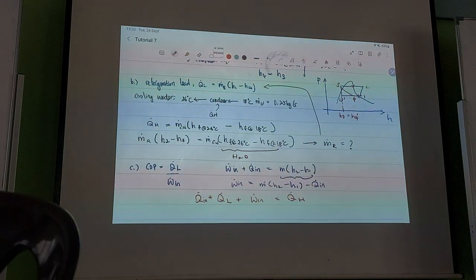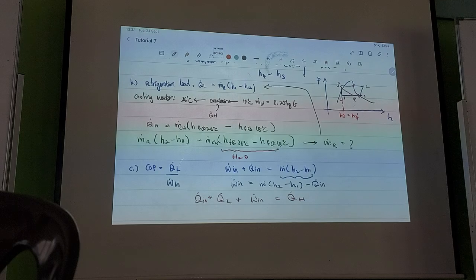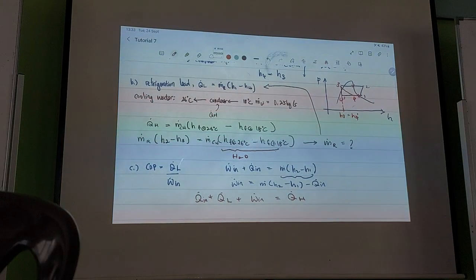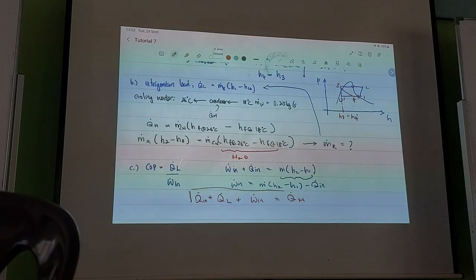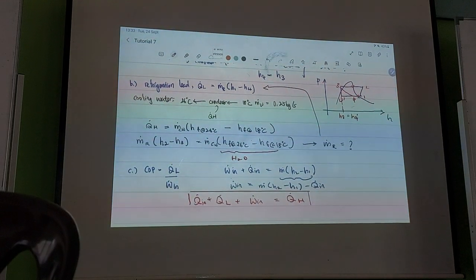But we don't take the Q in into consideration for our COP, because when you put in the QL and work in, you have already considered the Q in. So we don't need to care about the Q in when we calculate COP. It's just that in case you want to find the balance this way, you need to remember that there's a Q in and energy inside.